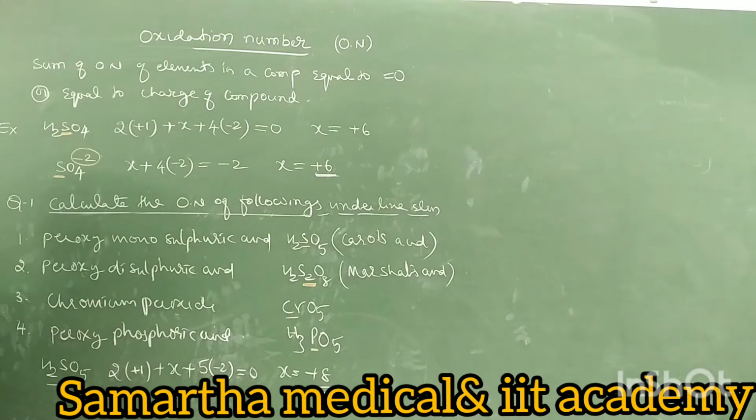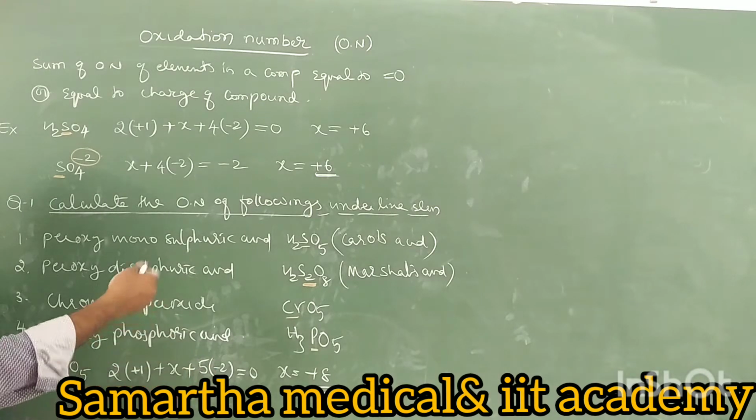But you need to check whether plus 8 is possible for sulfur. Why? Sulfur belongs to the 16th group and has 6 valence electrons. Since sulfur has 6 valence electrons, the maximum is plus 6 only. More than plus 6 is not possible.